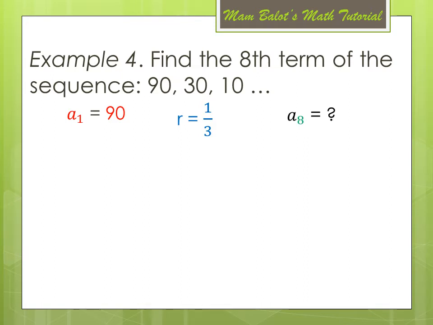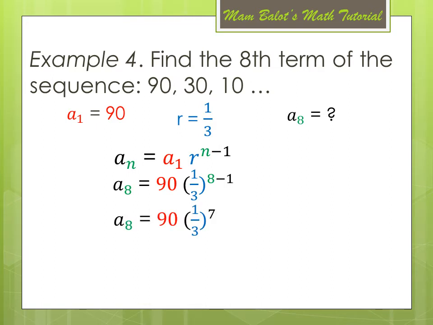And we need to find the 8th term, or a sub 8. Using the formula of the nth term of the geometric sequence, we have a sub 8 is equal to 90, which is the first term, times r, which is 1/3, raised to the power of 8 minus 1. So evaluating, 8 minus 1 is equal to 7.